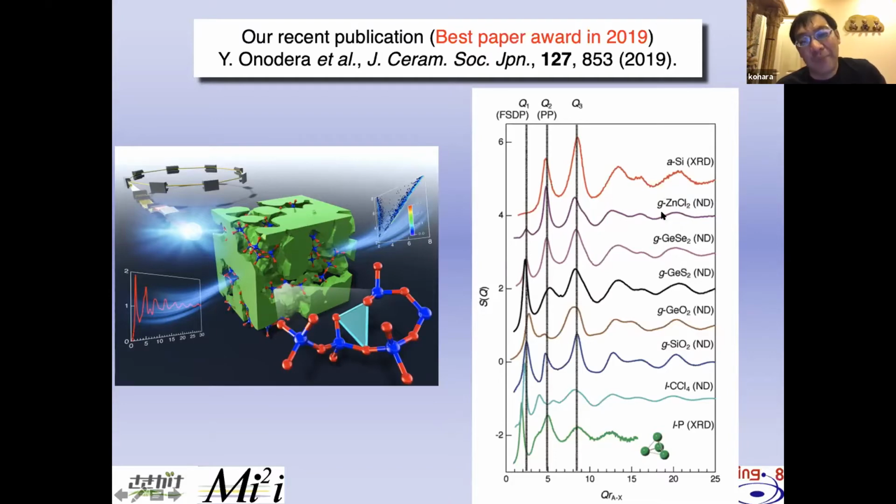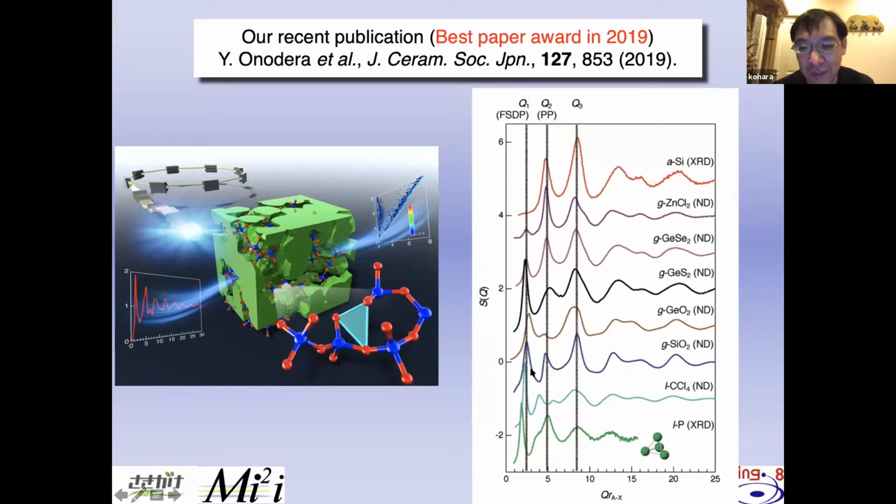not so good. But of course, we can get the glass phase by using the conventional melt and quench method. But this is more ionic. This is really very covalent, and covalent bonding shows a very sharp, so-called first sharp diffraction peak.